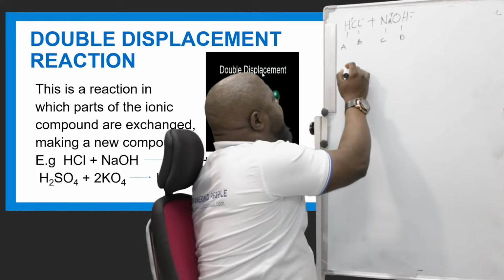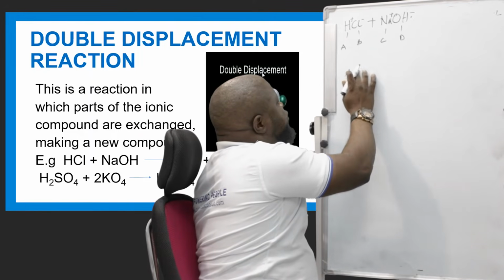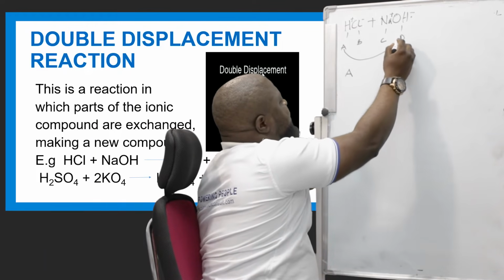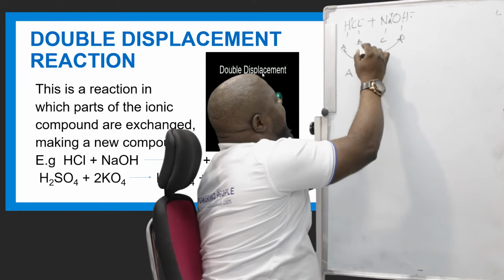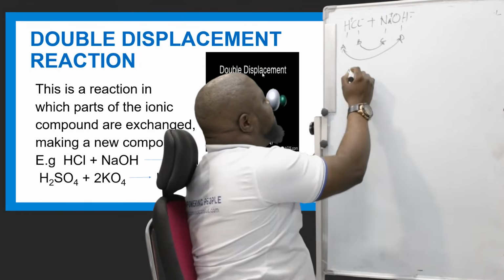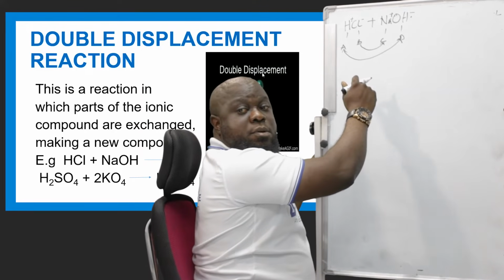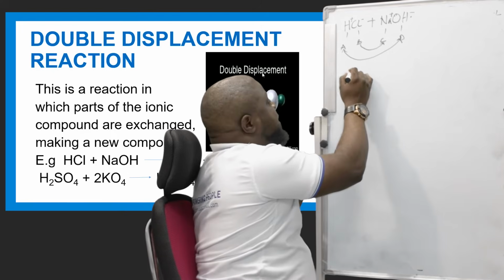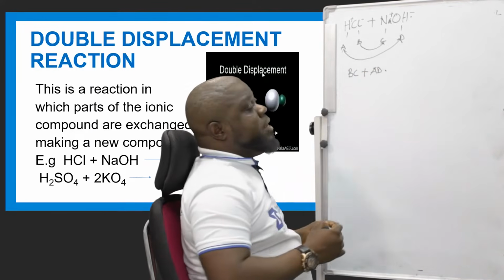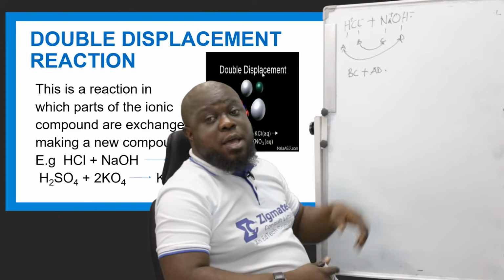So the A will react with D, and the B will react with C. In essence, it will be AD and BC. It will be BC plus AD. That will be our answer.